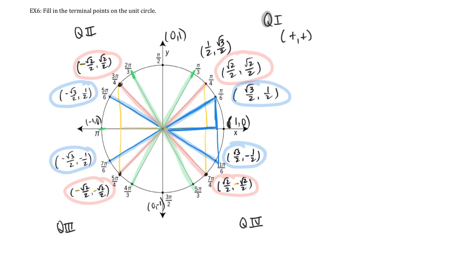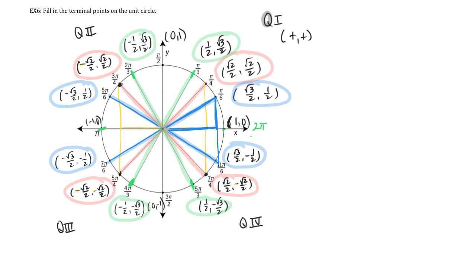Here's 3 pi over 3, but we already know the x and the y there. So here's the next pi over 3. So this was 3 pi over 3, here's 4 pi over 3, here's 5, and here's 6 pi over 3, which simplifies down to just 2 pi. Okay, so let's fill those in. Go ahead and pause and fill those in for yourself.